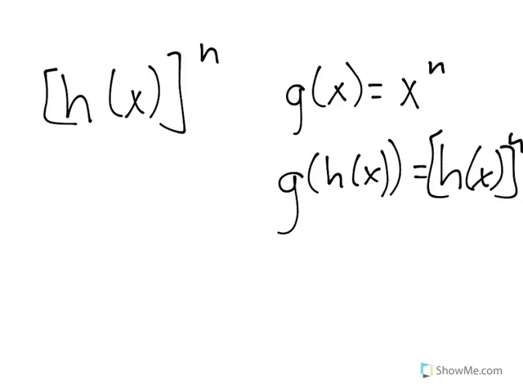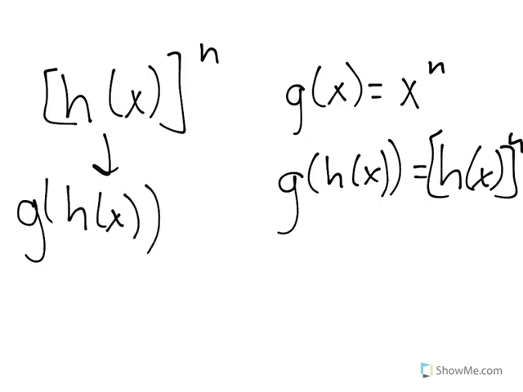So we can just define this to be g of h of x. As you might recall, to get the derivative of this, you just have to get the derivative of the outer function times the derivative of the inner function.